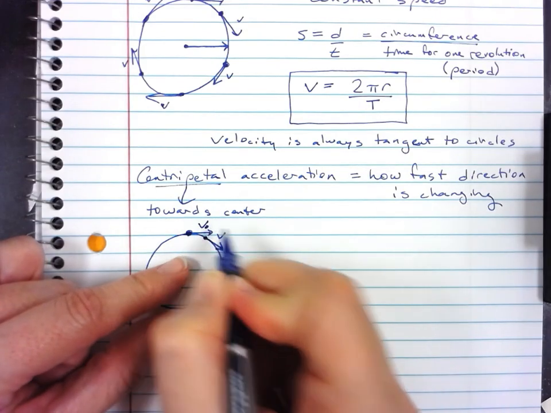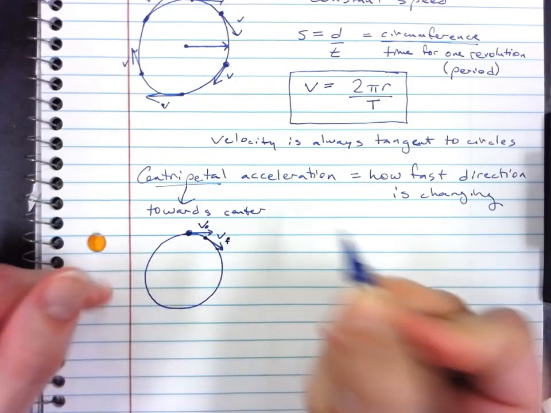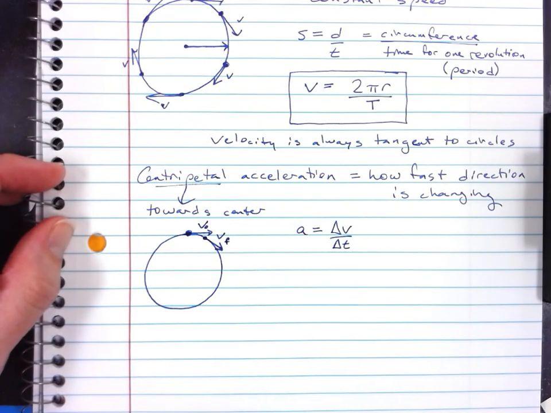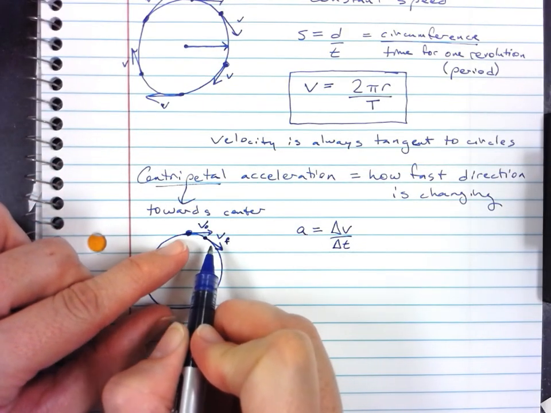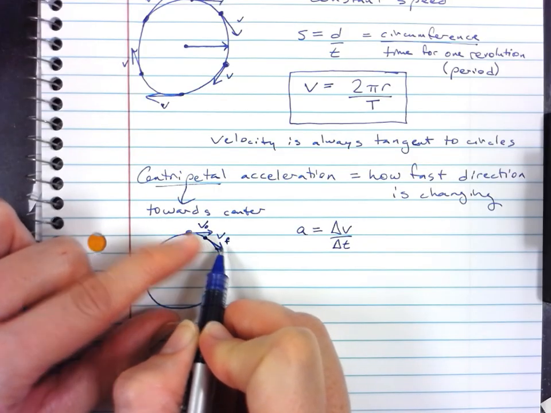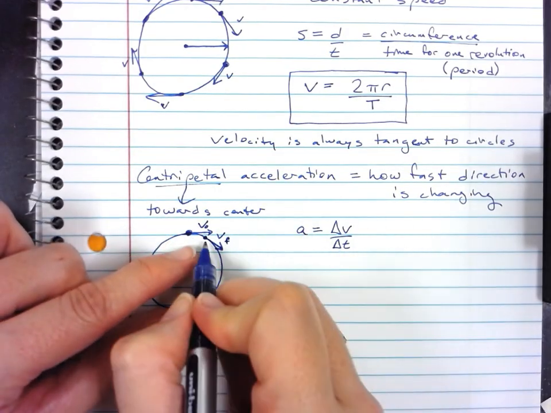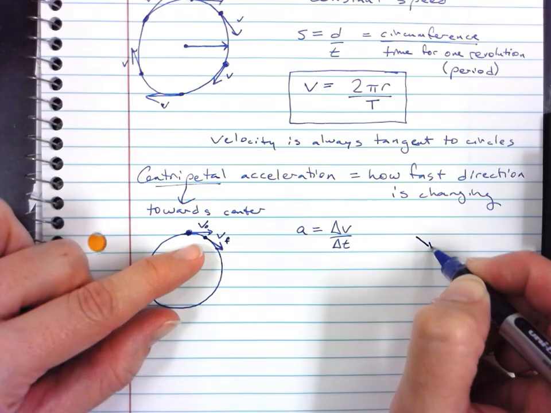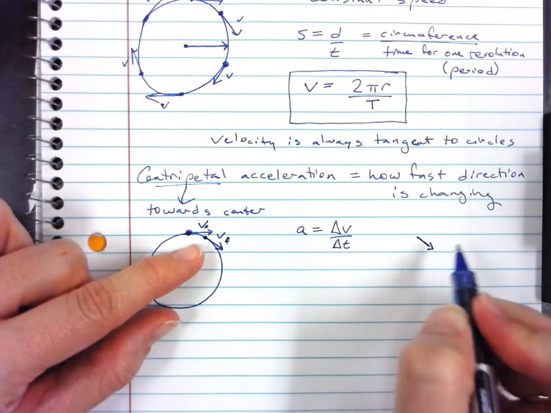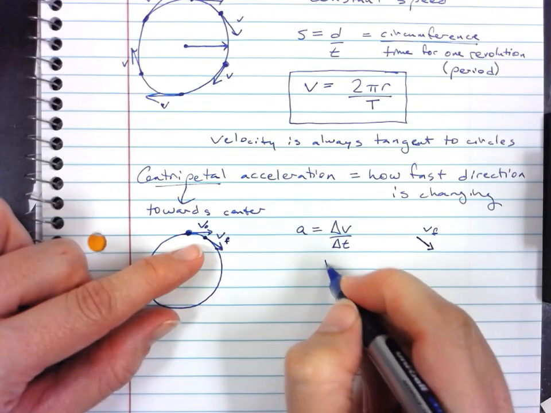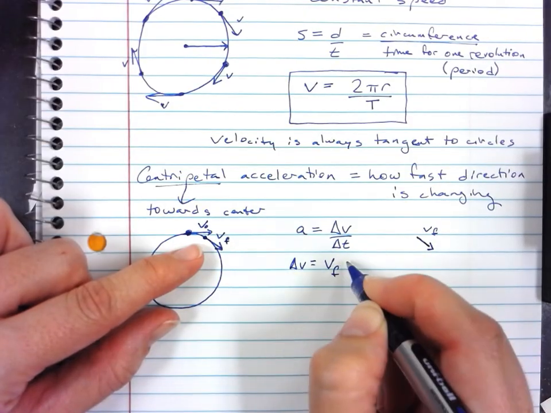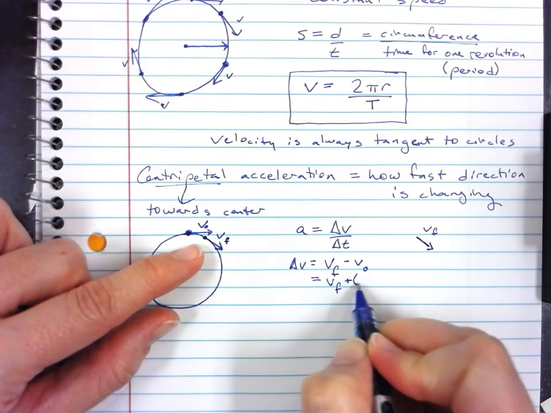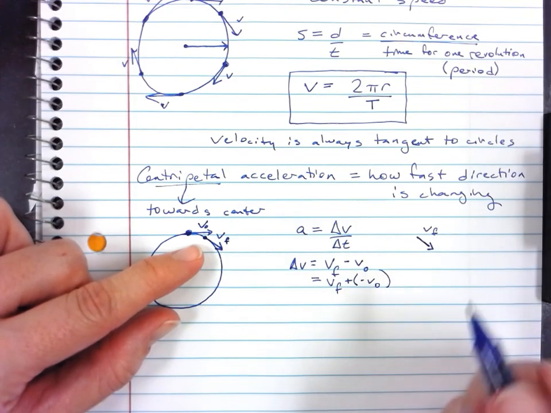So if I say this is the original and this is the final, you know that acceleration is defined as change in velocity over the time interval. So for directions, I need to do the final minus initial to get the change. To draw that, I'm going to redraw the final, trying to copy it as best I can. So this is the final. And if I want to do final minus initial, that is the same as adding the opposite.